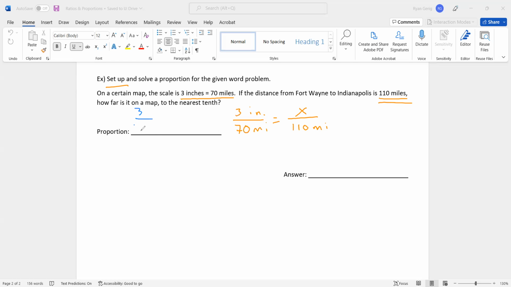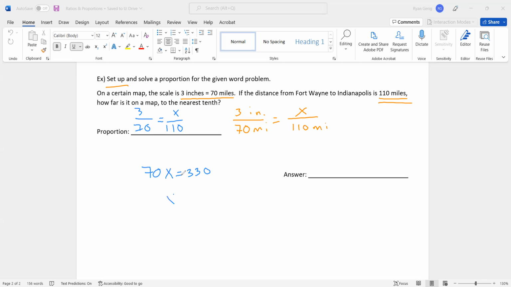3 over 70 equals x over 110. And then you solve it. You get 70x equals 330. Divide by 70. It's not going to give you a nice number.